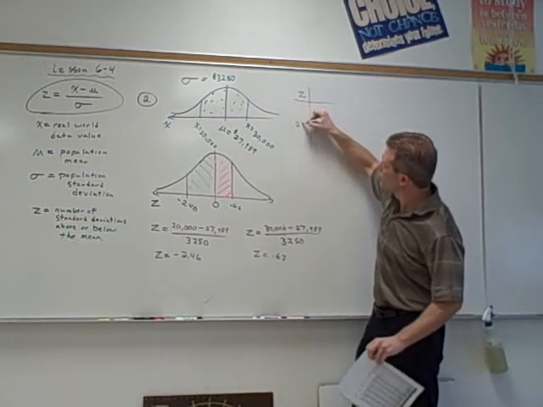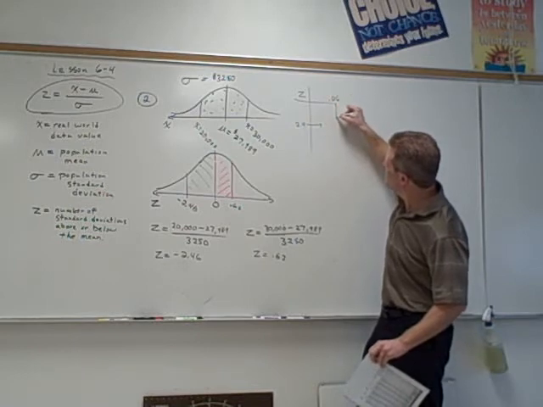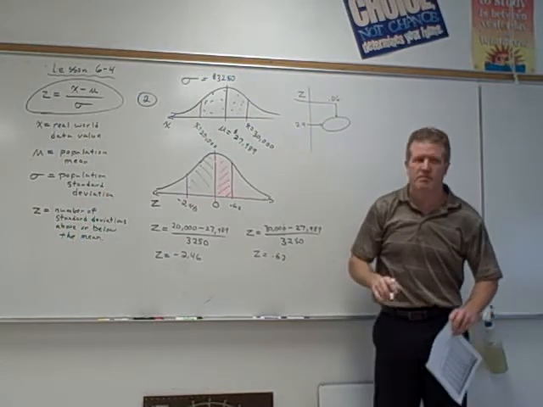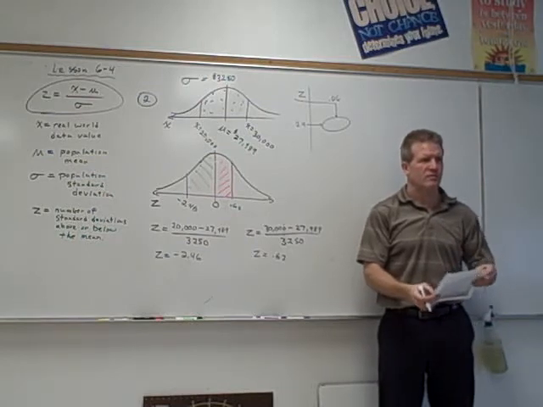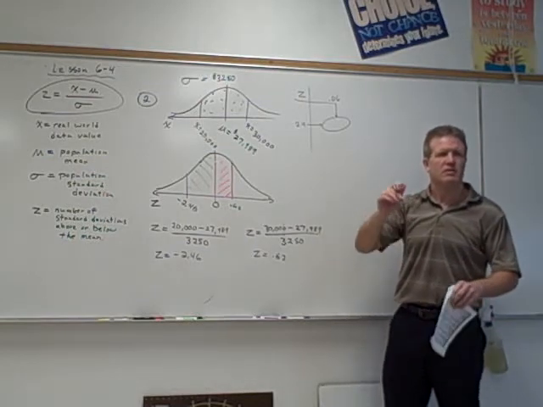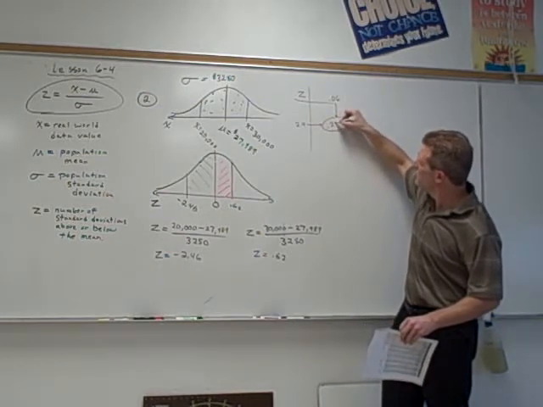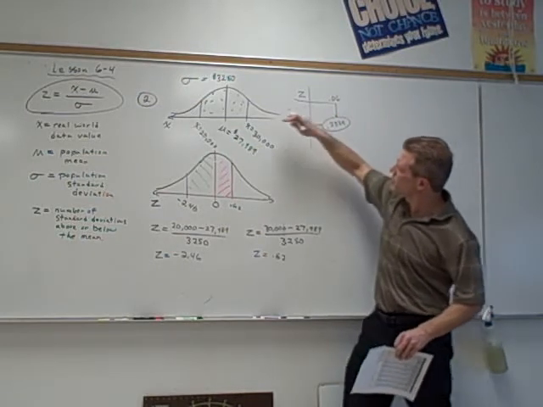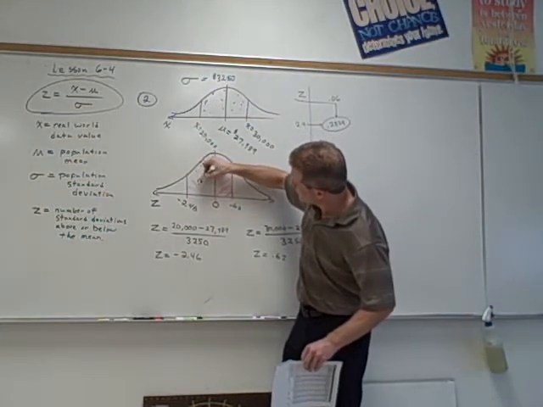So you're going to go to 2.4 here, 0.06 here, look across, look down. Anybody know what that value is? One more time. 0.2324. So that's giving us this area right in here. 0.2324.